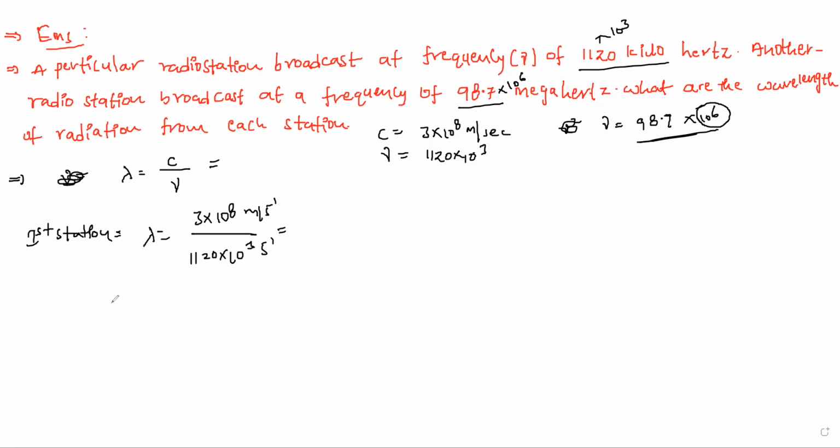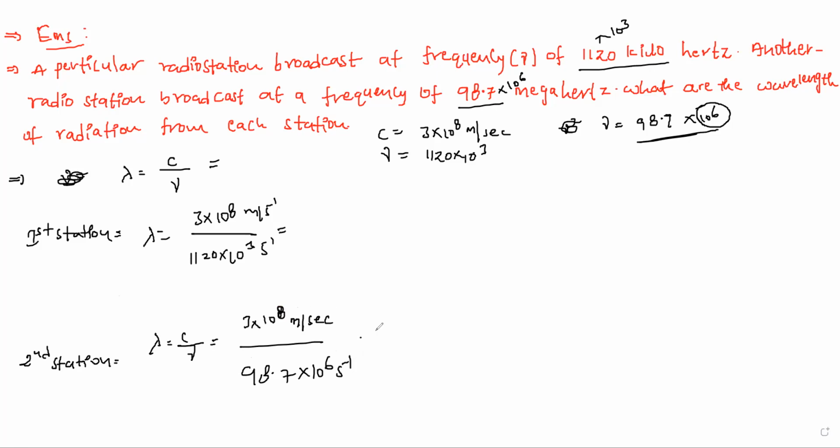And second station, same, lambda equal to c by nu. C value 3 into 10 to the power of 8 meter per second, and 98.7 into 10 to the power of 6 per second. Calculate this first one and second one.